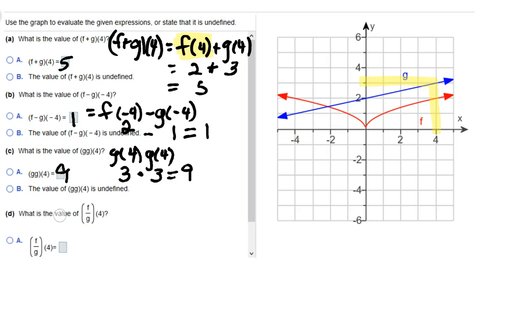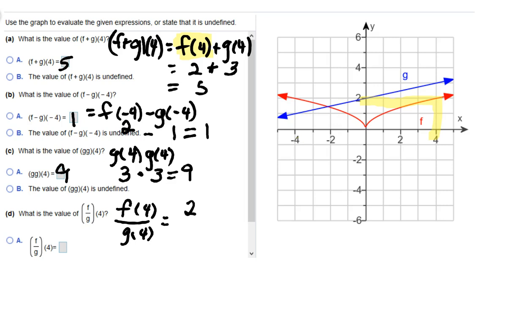Part D, what is the value of f over g of 4? So let's rewrite that as f of 4 divided by g of 4. We're going to use the graph to figure out what f of 4 is. For my x value of 4, go up to the graph, and I've got a y value of 2.